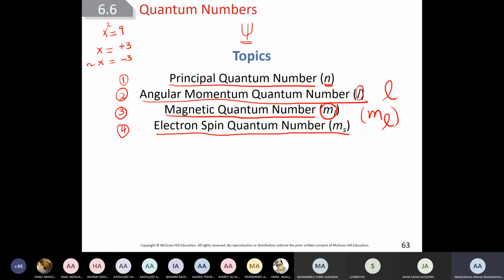We represent it by M with a small s. Now read all these 4 yourself: principal quantum number n, angular momentum quantum number L, magnetic quantum number ML, electron spin quantum number MS. I want you to sit down today and memorize these things.